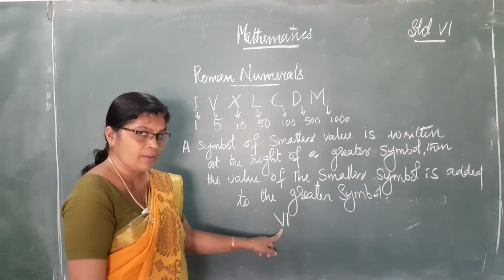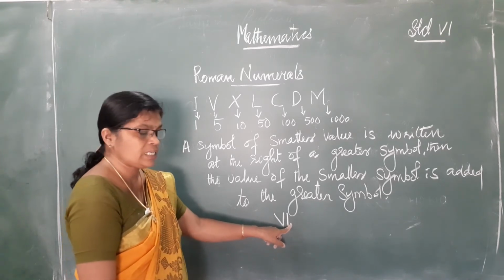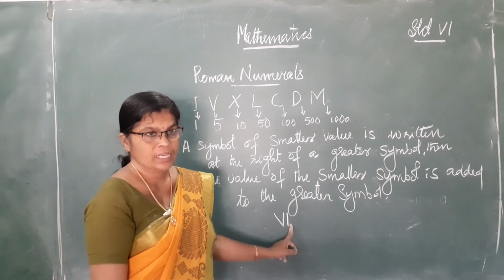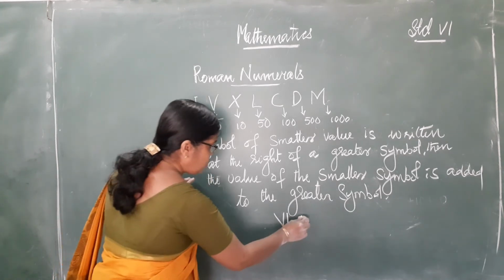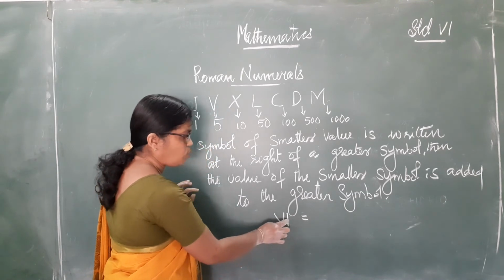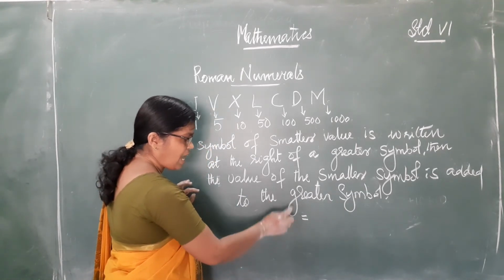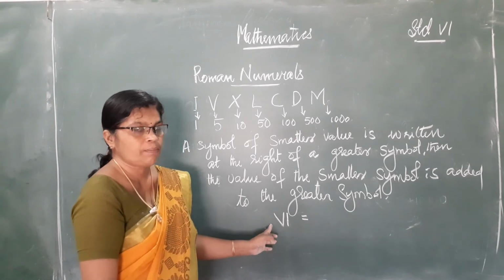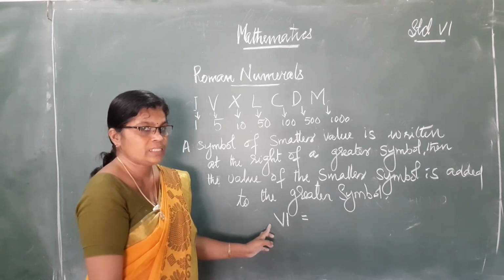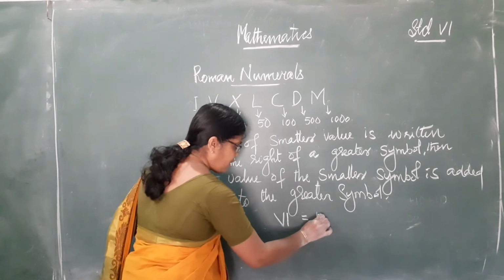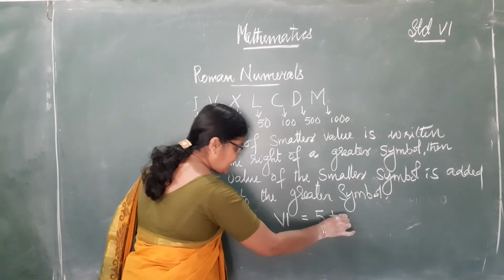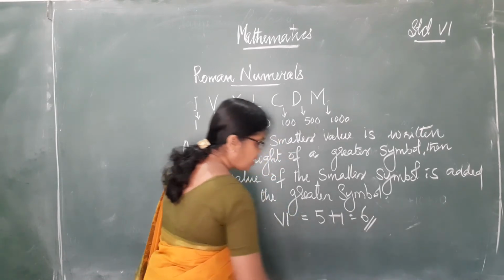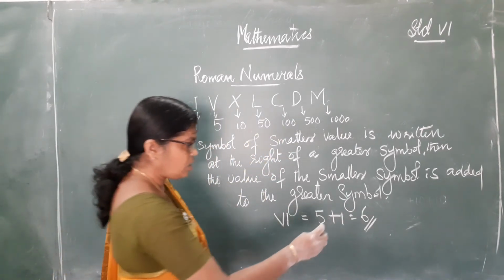It is 5, and to its right a smaller value is written, that is I. Then the smaller symbol's value is added to the value of the greater symbol. Greater symbol 5, 5 plus 1 is equal to 6. It becomes 6.